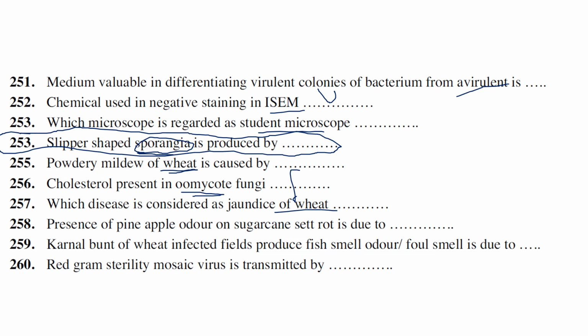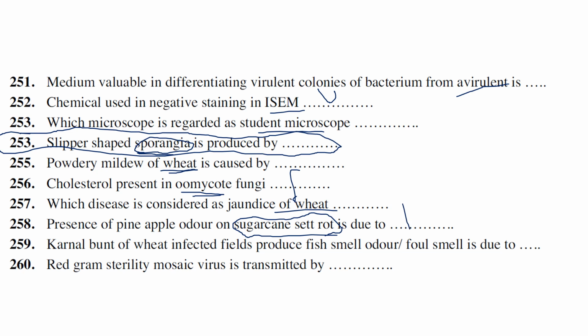Presence of pineapple odor in sugarcane, the citrate. So in sugarcane citrate, this pineapple smell can appear, right? So what is the reason exactly? Generally, if you see, kernel bunt infected plants produce a foul smell due to trimethylamine. Here, sugarcane citrate infected plants produce ethyl acetate.